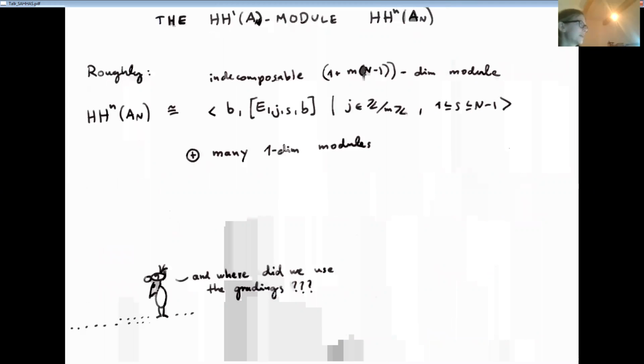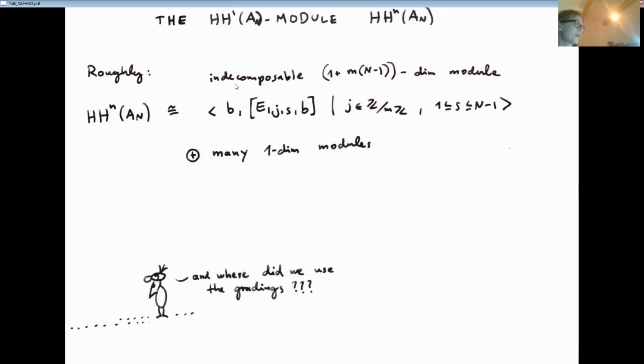And a similar picture, which I'm not going to give in detail because things get really quite messy, is that the HH1 module structure on the nth Hochschild cohomology looks very similar again.